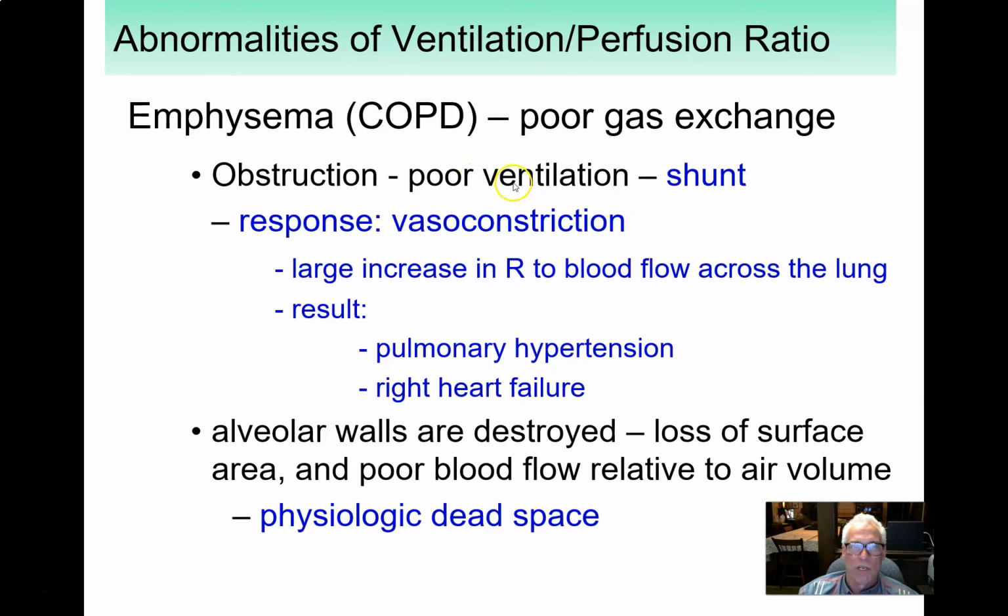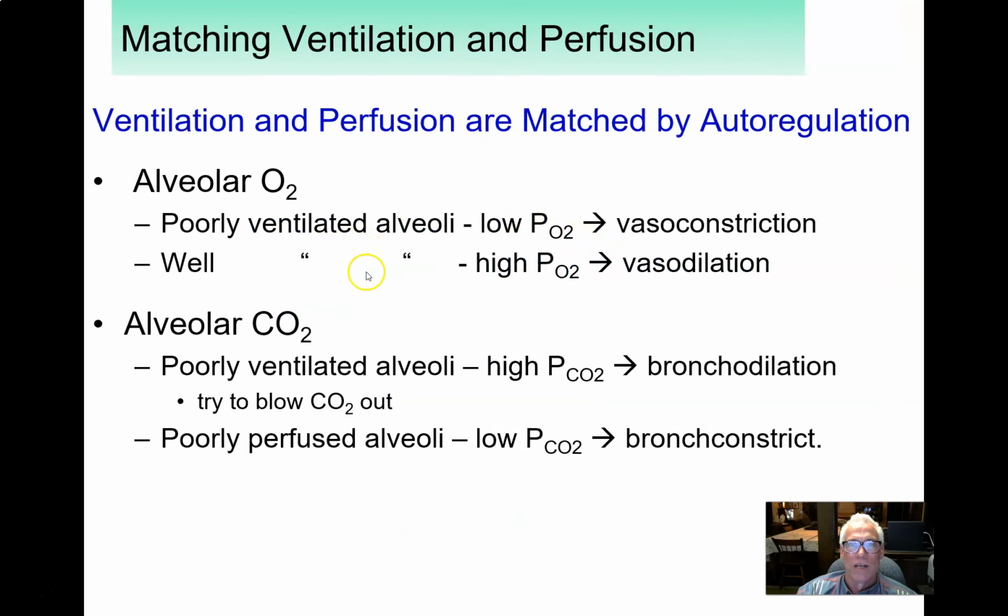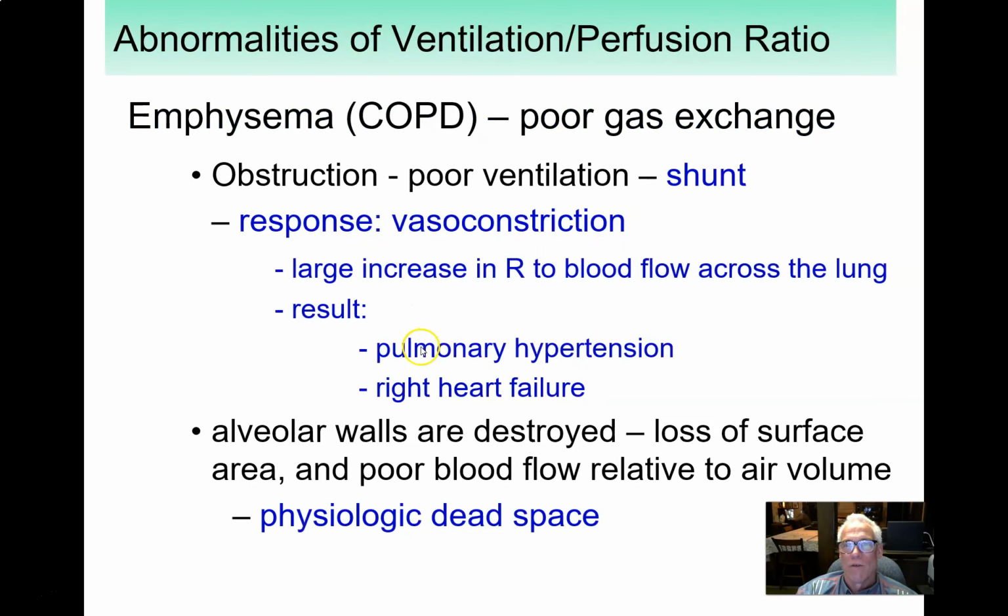They have the perfusion, but they can't get the ventilation well. So what happens? The entire lung now is not getting good oxygen. We can't bring in enough oxygen to meet the needs of the body. So blood is flowing in there, and what happens? We have autoregulation, vasoconstriction in the entire lung. Instead of just in areas that are poorly ventilated, we have vasoconstriction everywhere, right?